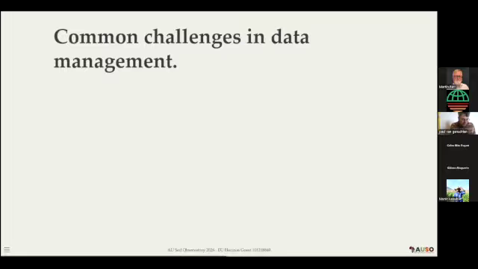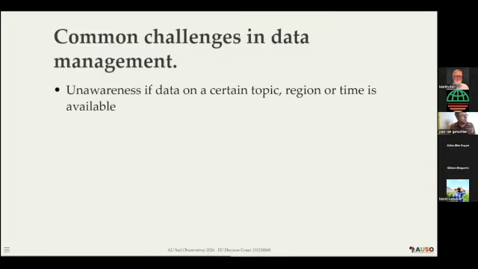So what are then the common challenges in data management? A big item in a lot of the research ongoing is, are we even aware that the data exists? So very low findability of data on a certain topic in a certain region or time frame.